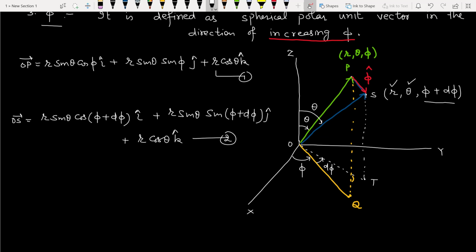Here r and theta are kept the same, and phi is replaced by phi plus d phi.